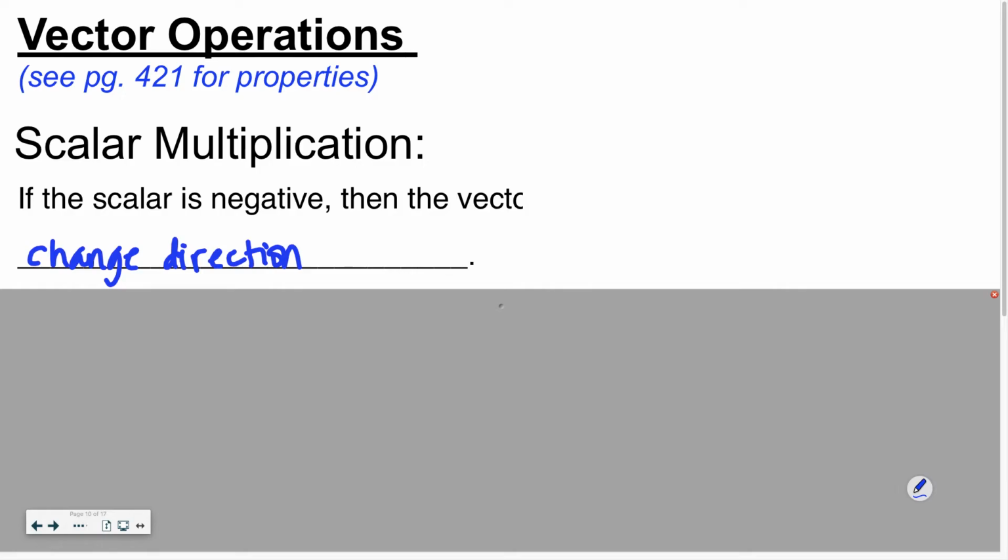Okay. Now, I'm sure if I gave you 2 vectors to add together, you could probably figure out how to do it. But I also want to talk about geometrically what is happening with those 2 vectors.